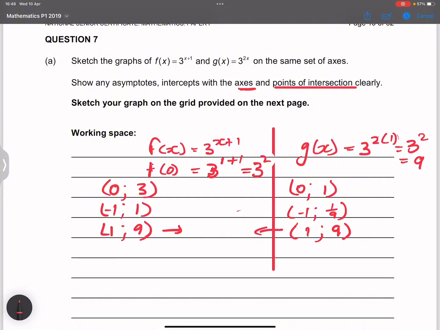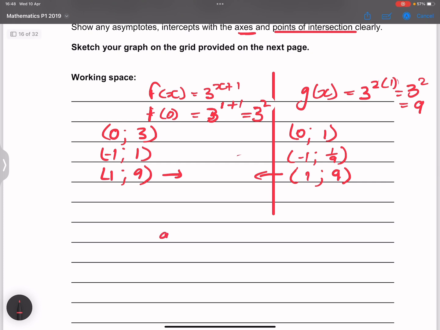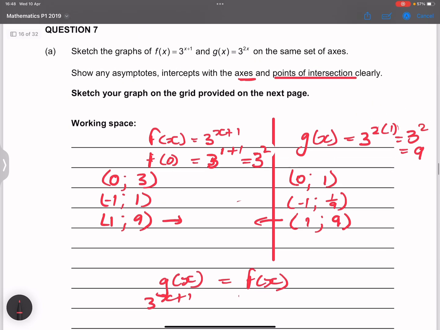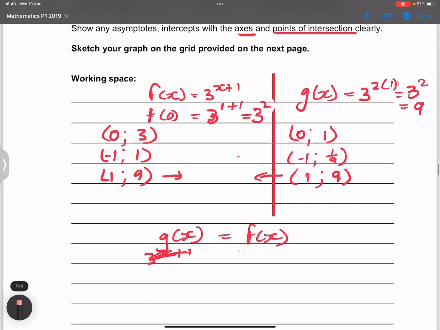And we could verify this by simply asking, where is f of x equal to g of x? Where are the two graphs equal to each other? So I'm going to say 3 to the x plus 1. Well, g of x is actually 2x, before you guys accuse me.